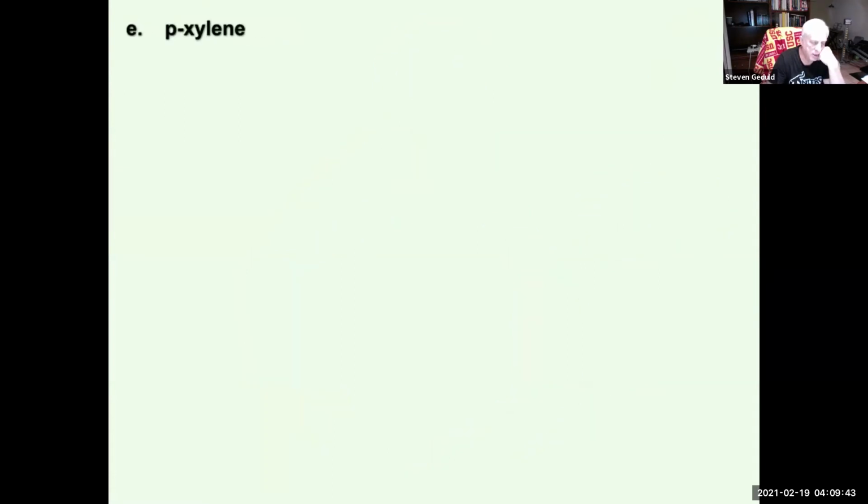P-xylene. Xylene was a CH3 and an OH group attached. So you'd have benzene with an OH group and a CH3 group, in the para position. Para means 1,4.